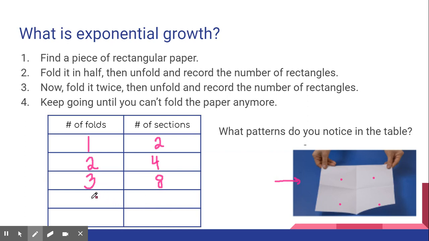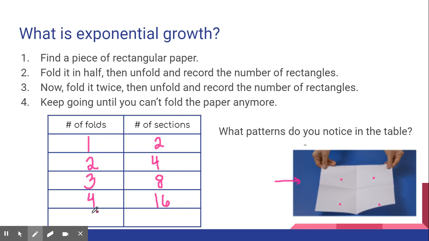So we're going to keep folding and unfolding and counting sections. So fold that back up and fold it one more time. And then unfold it and count all of the sections that you see. You should get exactly 16 sections.